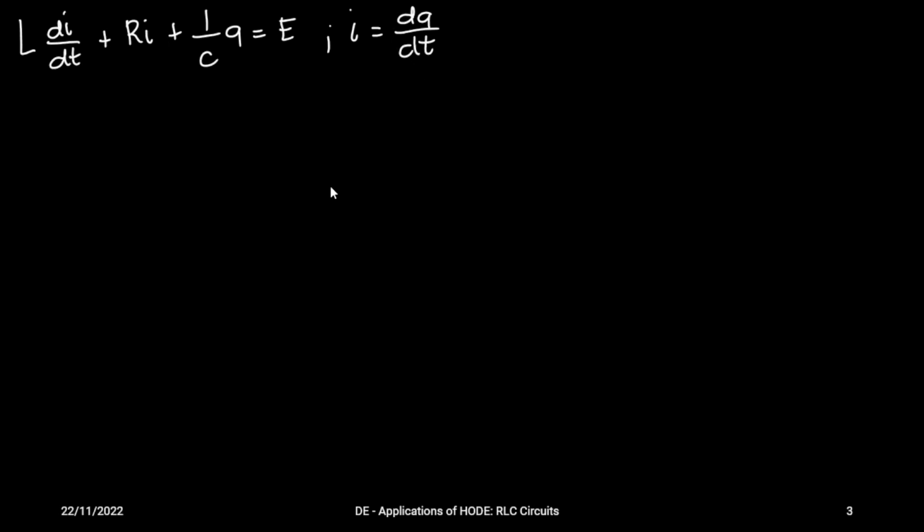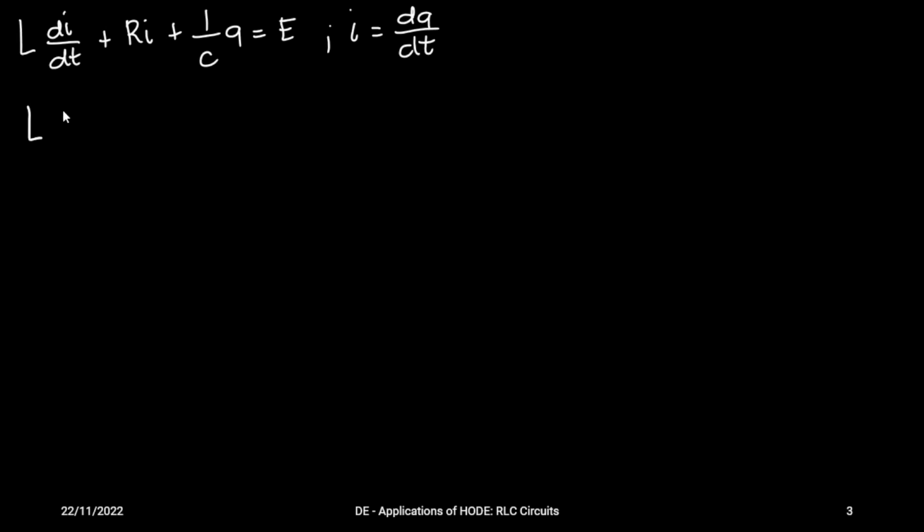So if we are asked to find the charge at any given time, involving RLC series circuits, we're just going to substitute I with dq over dt.